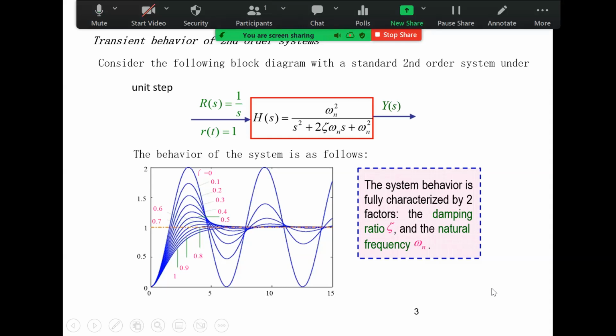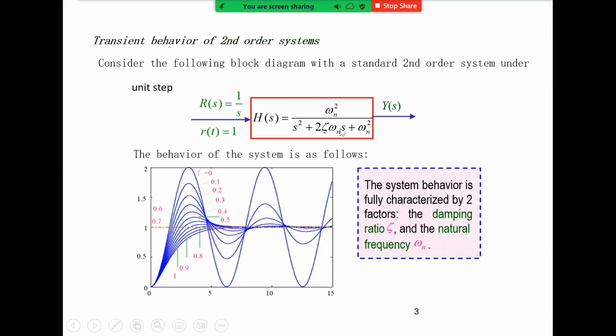This is the transfer function of the second order system, which is essentially just a damped oscillator. We have the damping ratio and natural frequency, so everything is described by those two parameters.